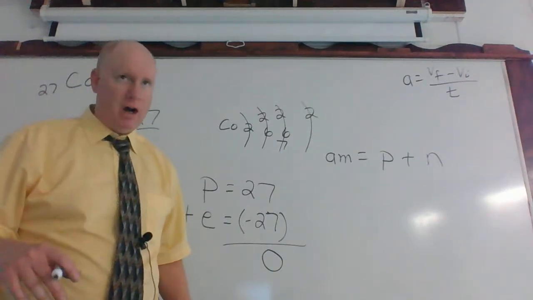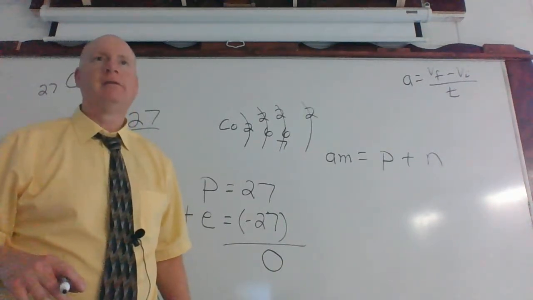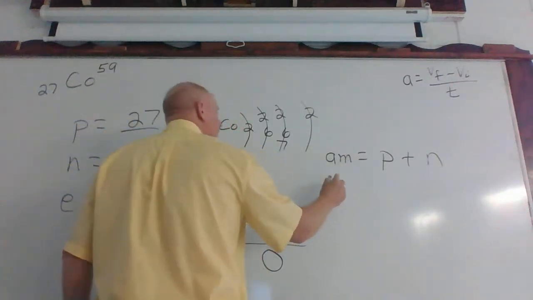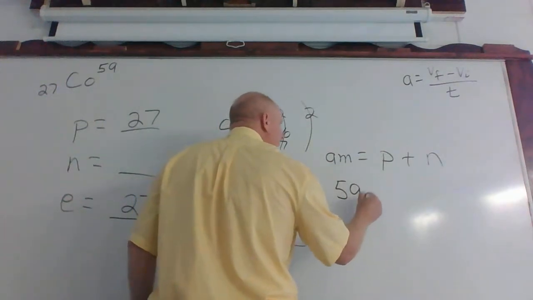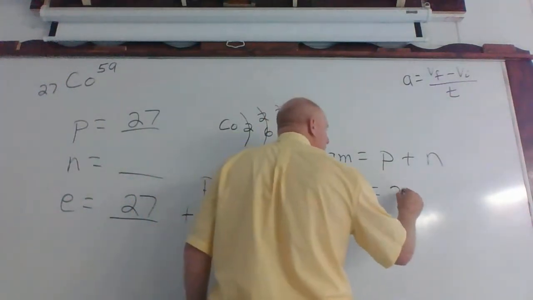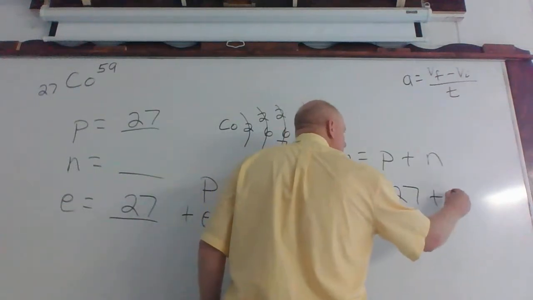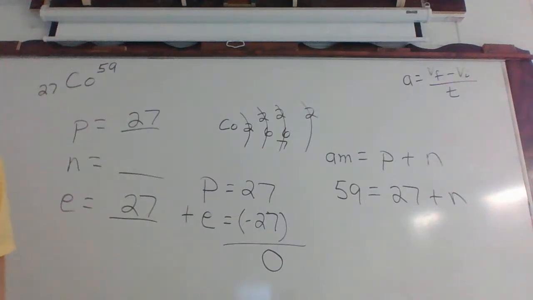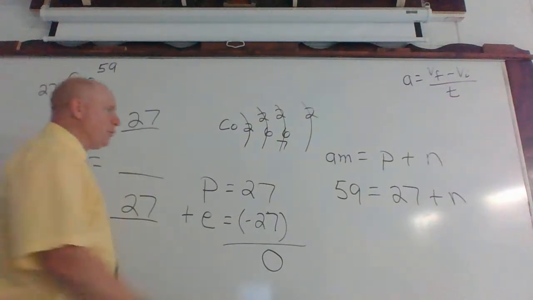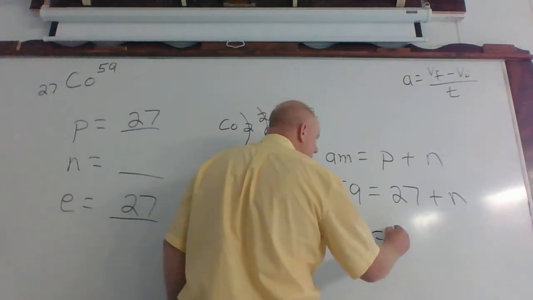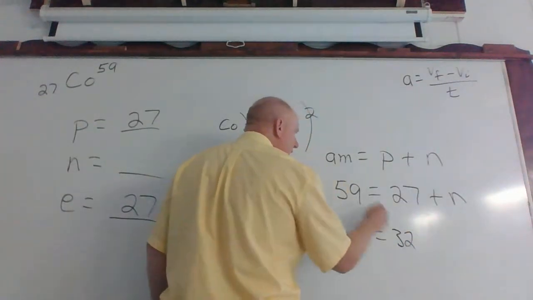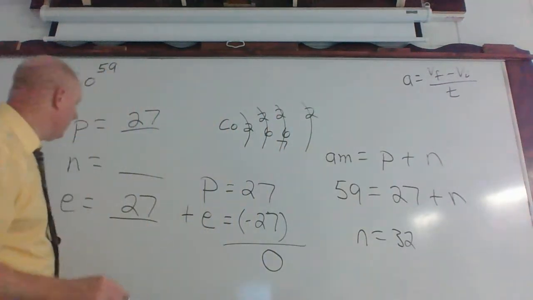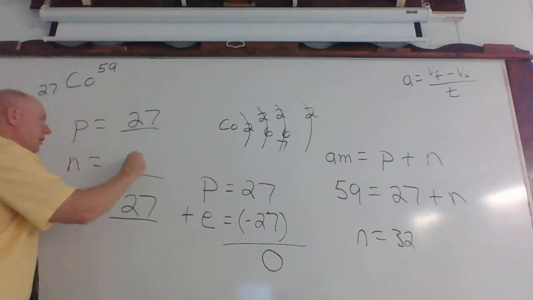She's going to say, yep, you all excel in algebra. Good, good, good. I'm glad you all agree. Our atomic mass, which is 59, equals the number of protons, which we said was 27, plus the number of neutrons. Okay? So, how do you get N all by itself? Yeah, you subtract these two. 7 plus 2 gives you 9, 2 plus 3 gives you 5, so that's got to be right. So the number of neutrons then is 32.